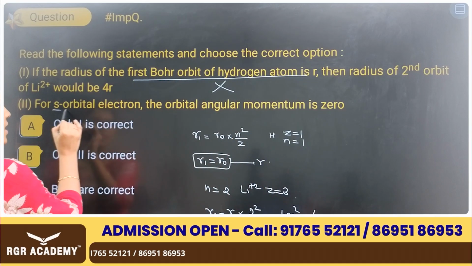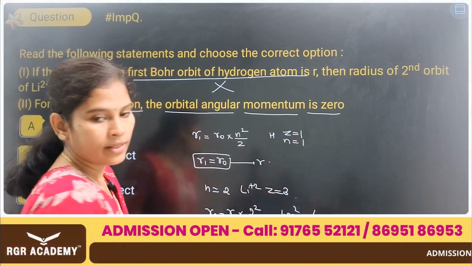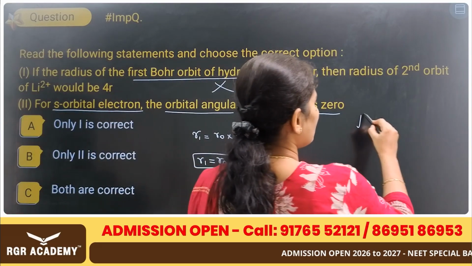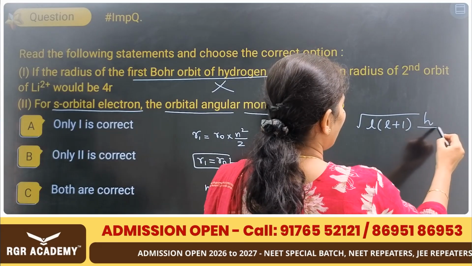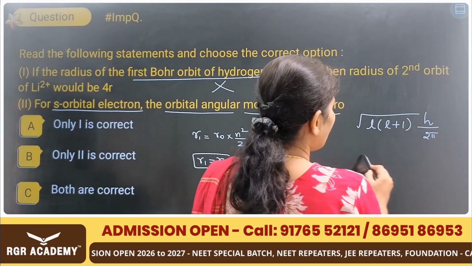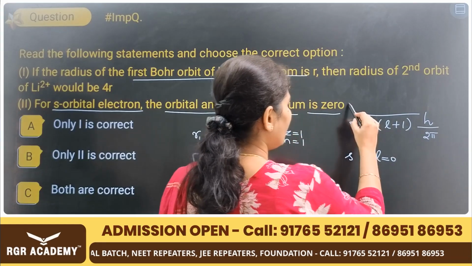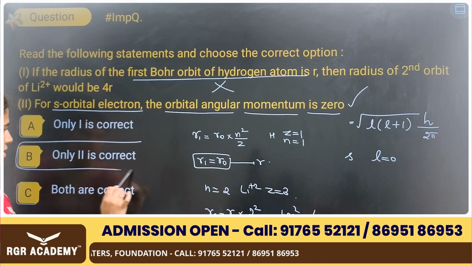And then for the s orbital electron, the orbital angular momentum is 0. That is true. Orbital angular momentum can be calculated using the formula root of l into l plus 1 h by 2 pi. So for s subshell, l is equal to 0, so the entire term will be 0. So we can go with only the second option as correct.